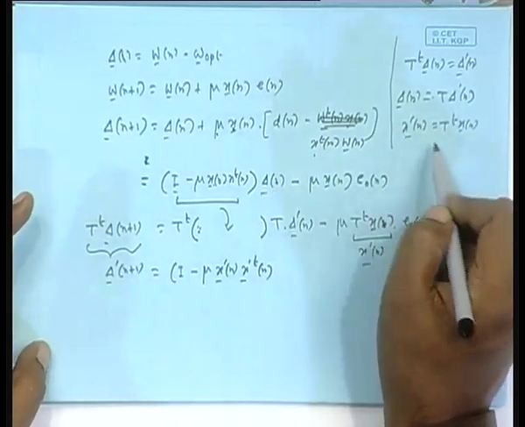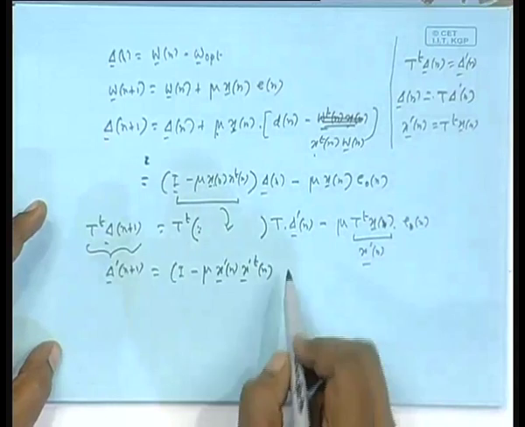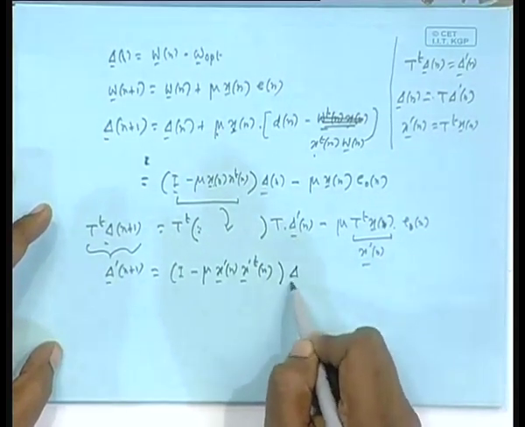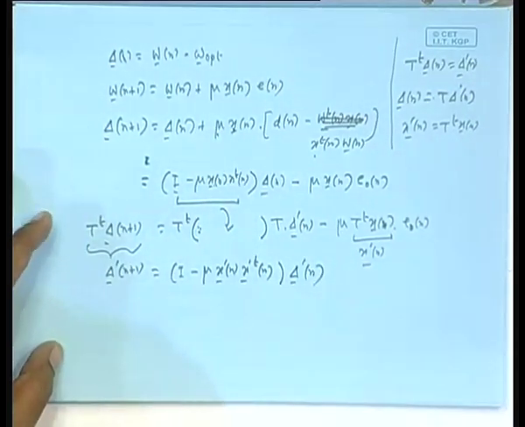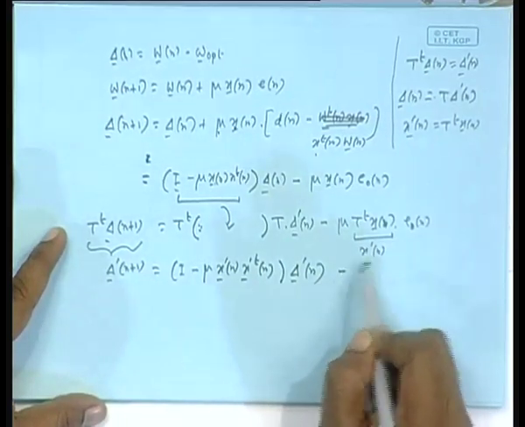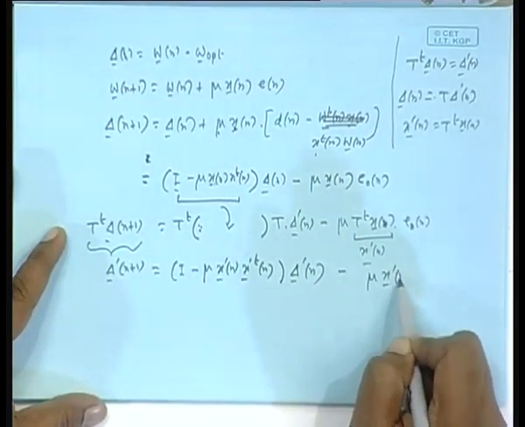If you take the transpose of this, you do not get X transpose T. So that time delta prime n, okay, minus mu, this is as it is E O n.